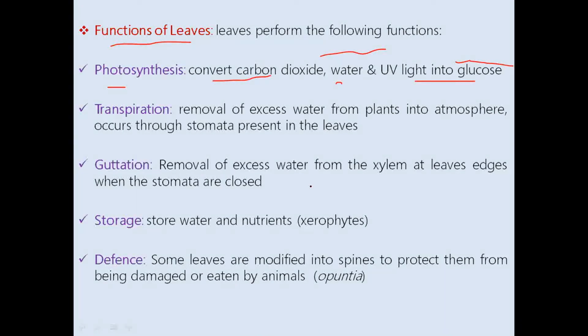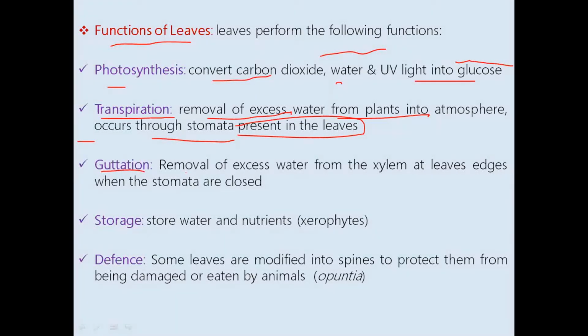Next one is transpiration. Transpiration is a process in which removal of excess water from plants into the atmosphere occurs through stomata. Stomata are the structures present in the leaves. Next one is guttation.